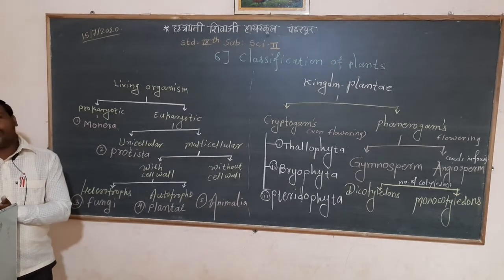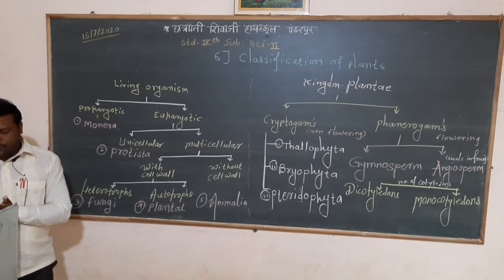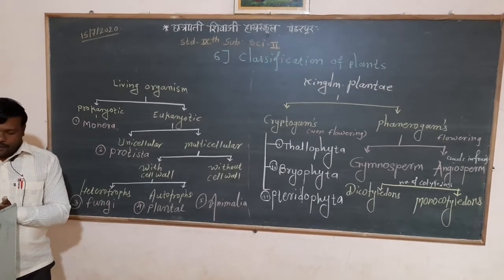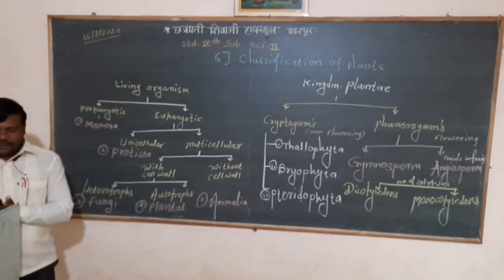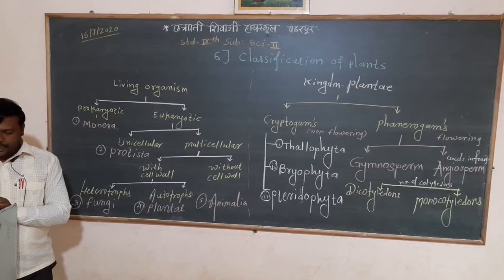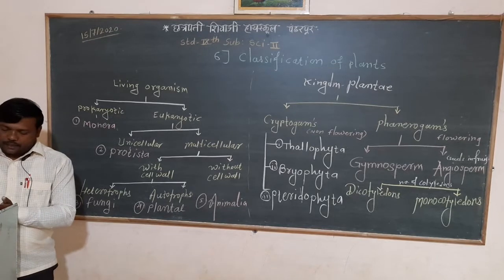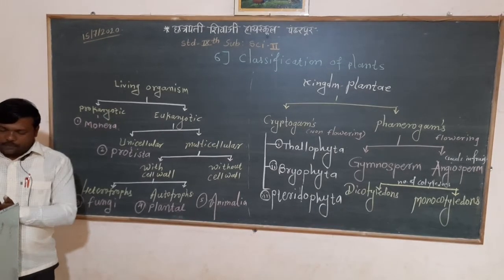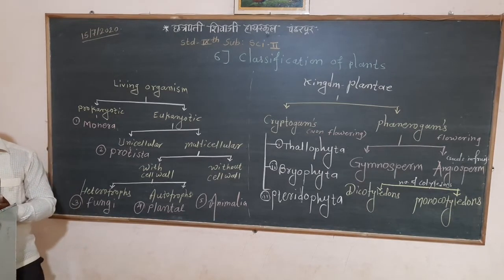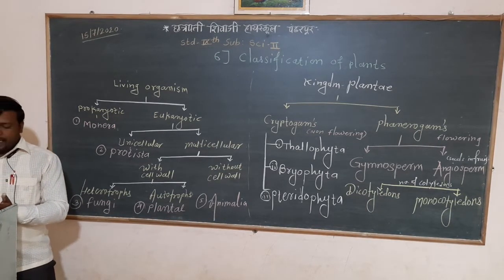There are no unicellular ones here, which is why we use a magnifying lens to see them. The plant body of bryophytes is flat and ribbon-like, without true roots and stem.